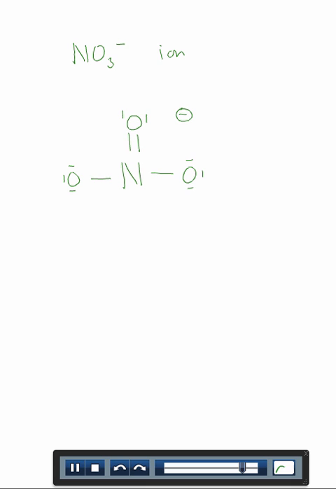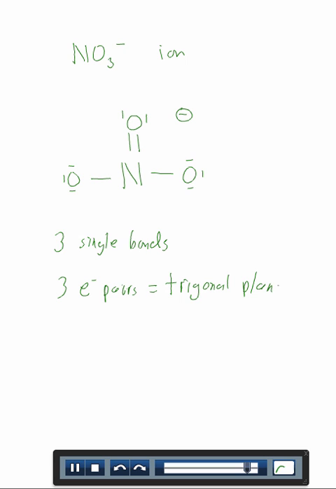So we're going to count the bonds, electron pairs around nitrogen. So there are 3 single bonds around nitrogen. We don't count double or triple bonds. So 3 single bonds, so we have 3 electron pairs. There are no non-bonding pairs around nitrogen, so that would be trigonal, a triangle, planar.